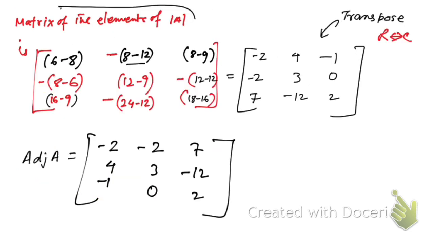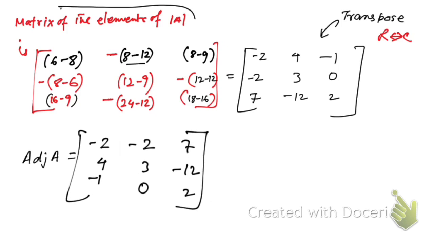So therefore the inverse matrix of A is given by adjoint of A divided by determinant of A.